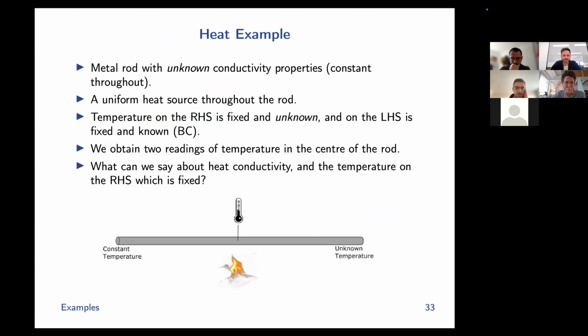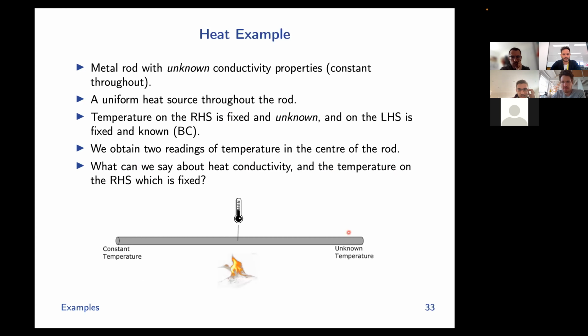I'm just going to mention, this is almost like a toy example, but we wanted to show that you can use it in setups where the posterior might be multimodal. Again, this is almost useless in practice, but I'll quickly go through it. We have a metal rod with unknown conductivity properties. It's constant throughout, and we have a uniform heat source throughout the rod.